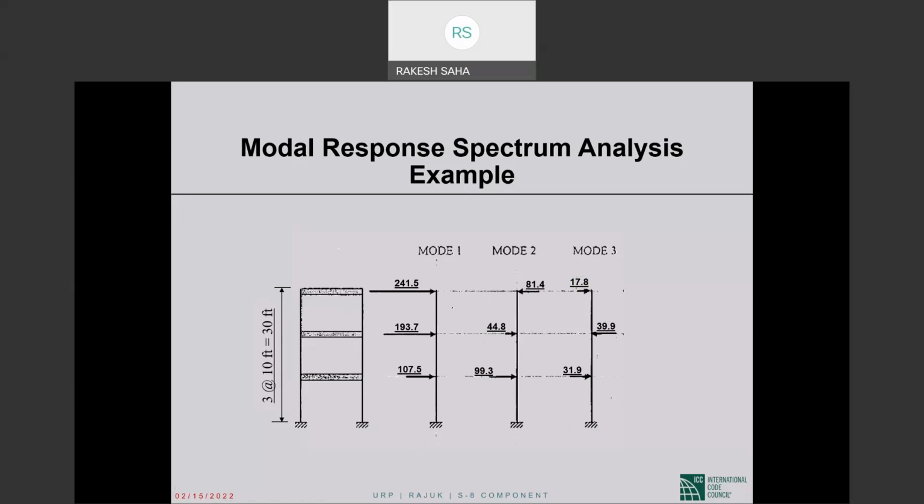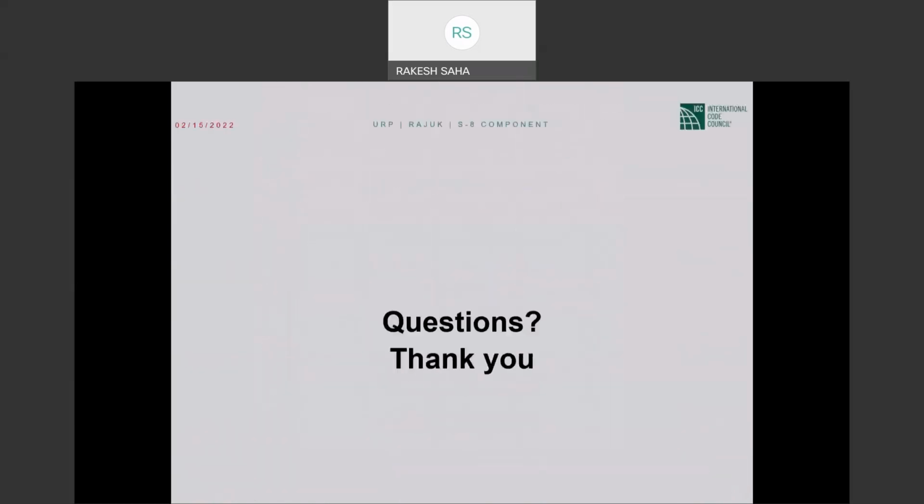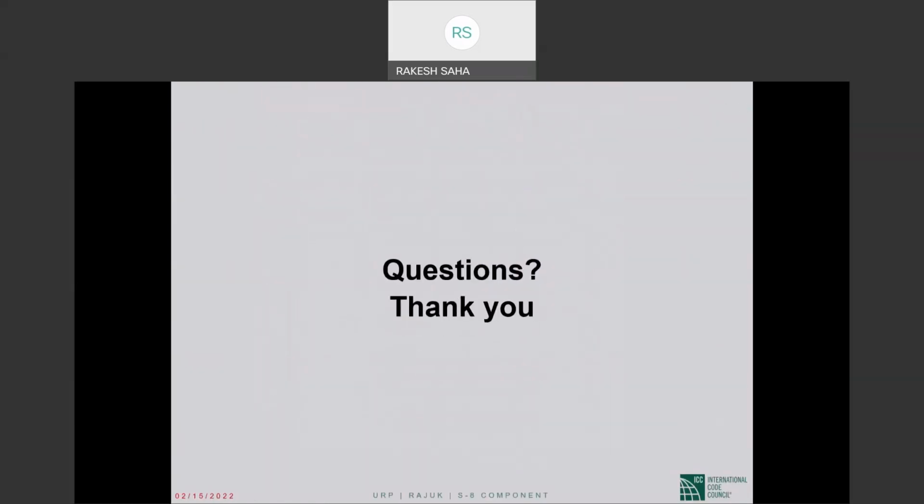So those response quantities will be statistically combined from the results of the three modal analyses. There is absolutely no shortcut to that I'm aware of.